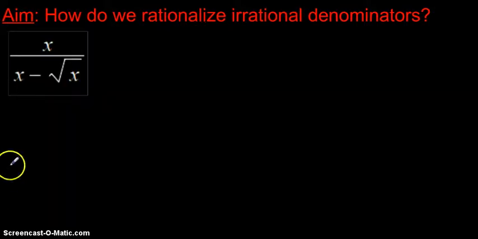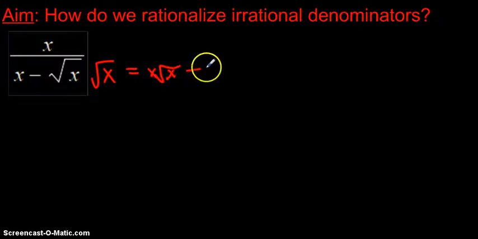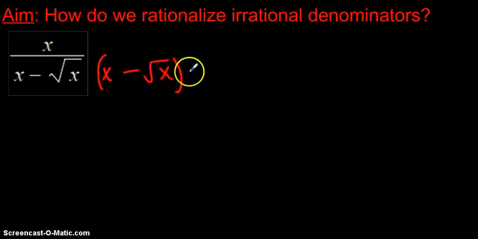This one's a bit more unusual. You might notice that we have a radical here, and we have a non-radical here. Now, we can't just multiply by radical x, because if we do that, we'll get radical x over here, and then we haven't done anything useful. So you might think we could multiply this by itself to simplify.